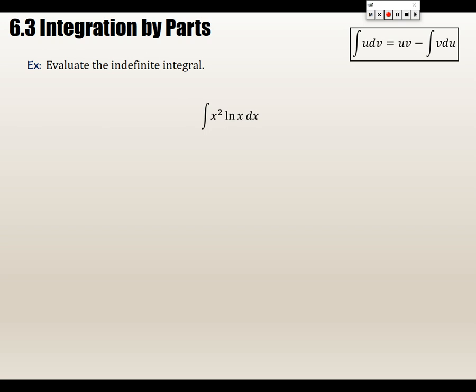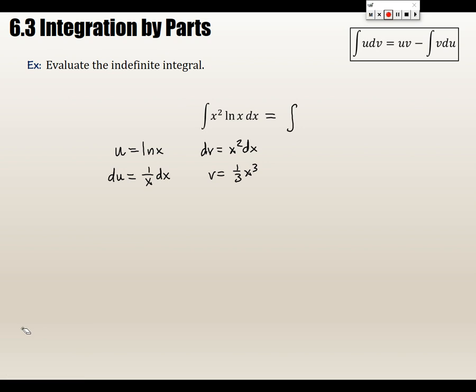All right, so u is what? ln x. So that makes dv x squared dx. So here we have du is 1 over x dx, and v is 1/3 x cubed. And we're ready to write out our integral here. We get uv minus the integral of v du.